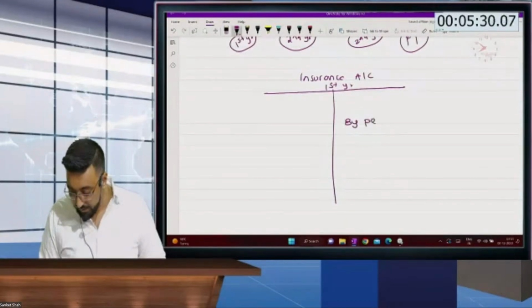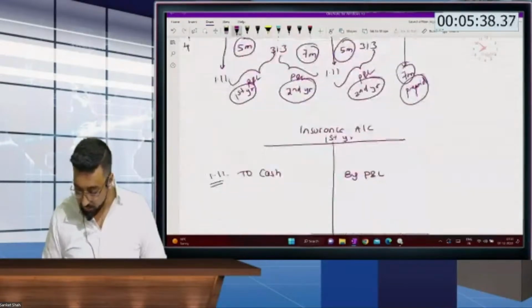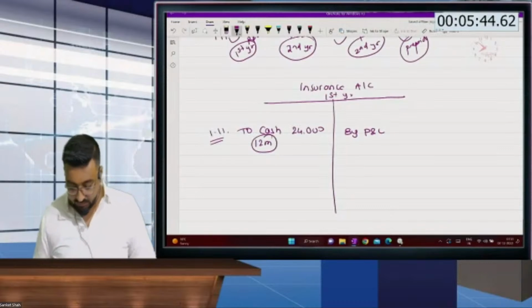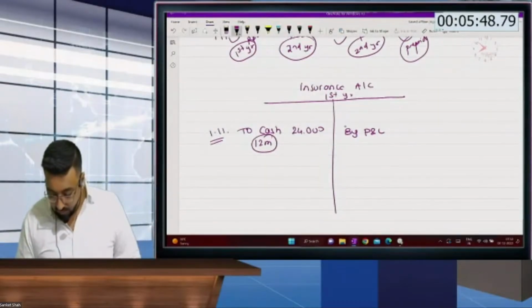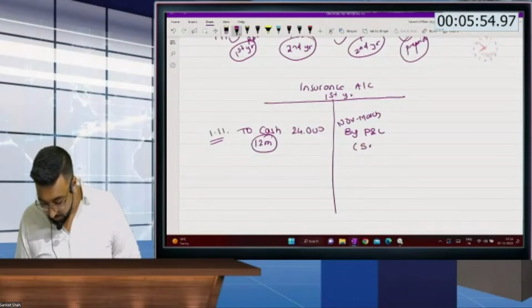By P&L. Okay. So on 1st November, you are paying to cash. How much cash you are paying? 24,000. Now this cash is for 12 months. But in P&L, you will transfer from November to March. That is 5 months.